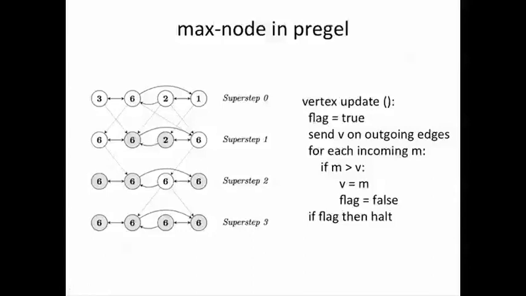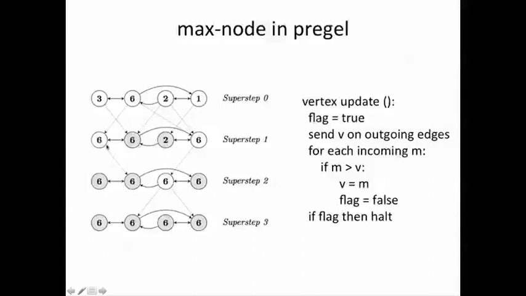But 3 becomes a 6, right? Similarly, 2 gets a message from 1, but it doesn't change because 1 is less than 2. But 1 gets 6, so it changes. So 6 and 2 did not change, and therefore they halt. So they are shown as shaded.